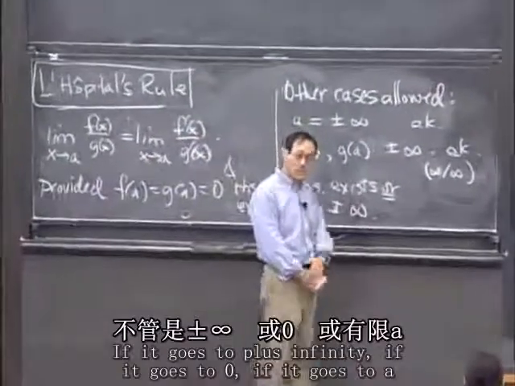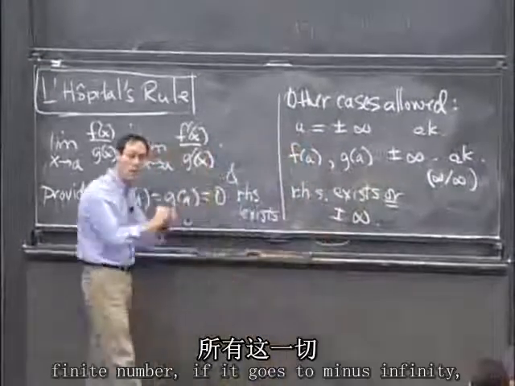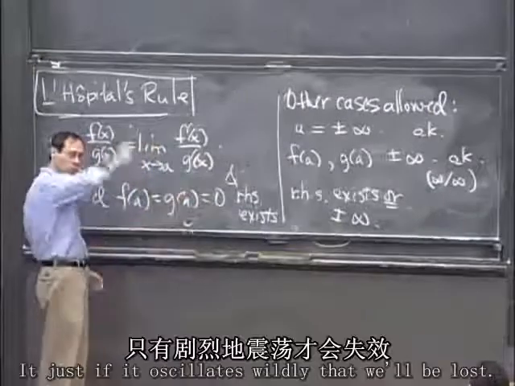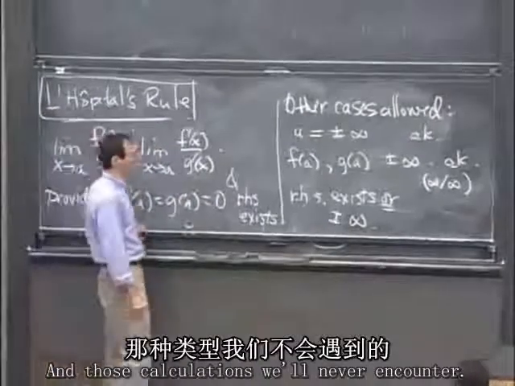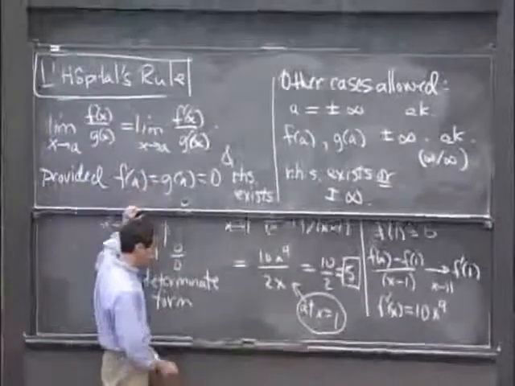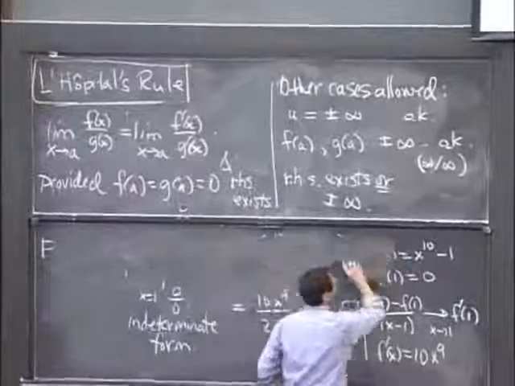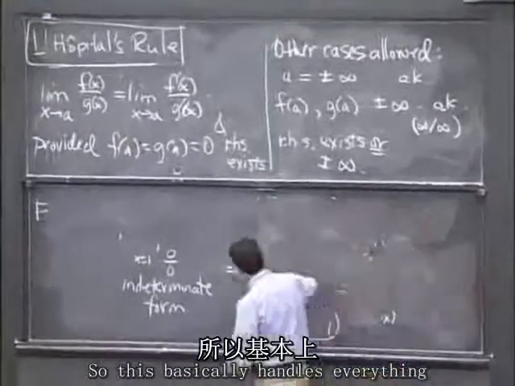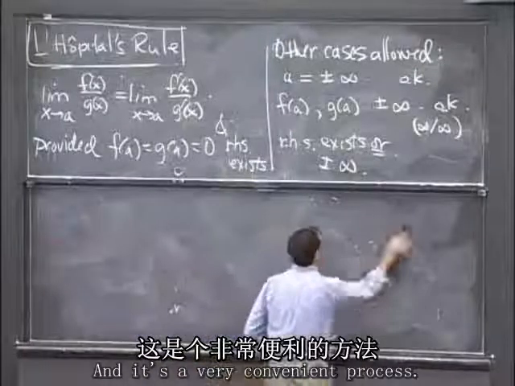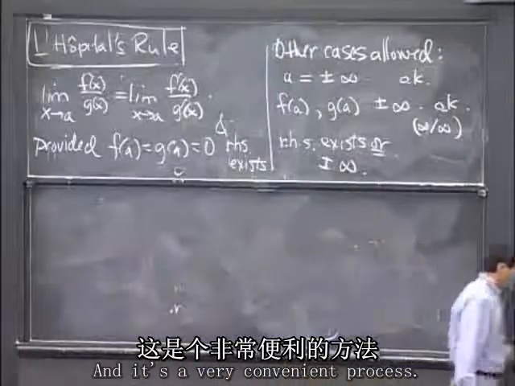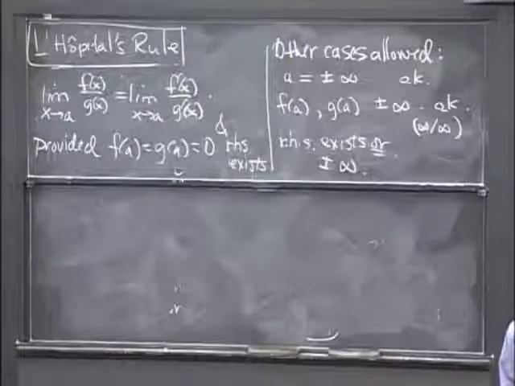If it goes to plus infinity, to 0, to a finite number, or to minus infinity, all of that will be okay. It's just if it oscillates wildly that we'll be lost. And those calculations we'll never encounter. So this basically handles everything that you could possibly hope for. And it's a very convenient process. So let me carry out a few examples.